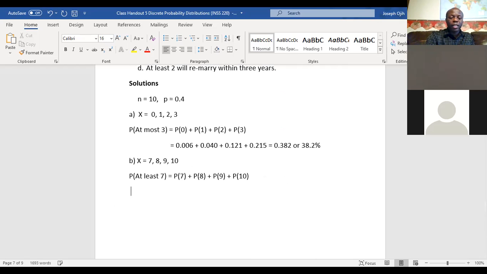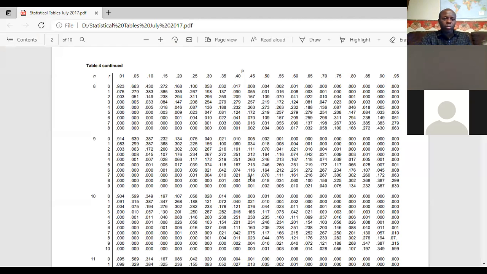Now we can figure this out by looking at the table again. Our N is 10, our P is 0.4. We start from there and then look for 7 to 10. These days they have a cumulative binomial probability table that can give you this cumulative answer. But that's not the one we're using. So N is 10 again. You can see the 10 right here for N. And P is 0.4.